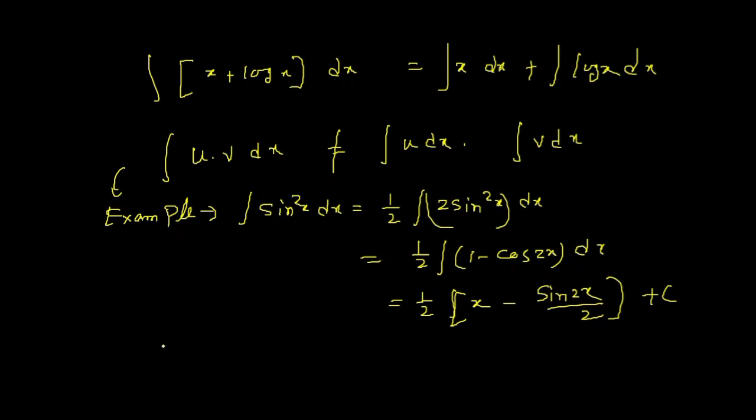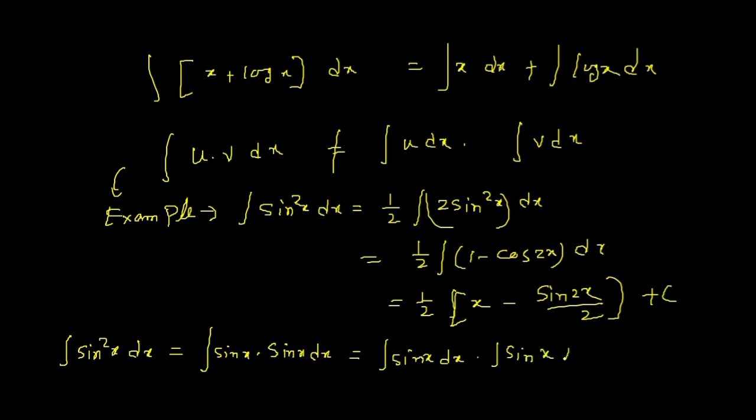Now if the result was true, that the integration of u into v dx is equivalent to the integration of u dx into the integration of v dx, then we can write sin square x, that is sin x into sin x dx, as the integration of sin x dx into the integration of sin x dx.